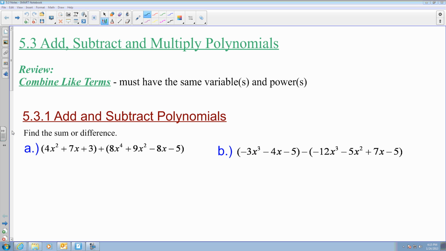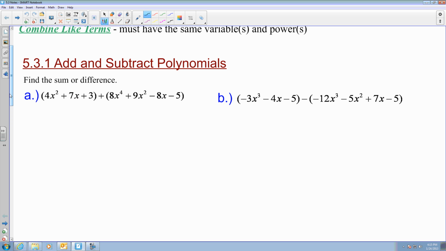So looking at example A here, this is 4x squared plus 7x plus 3 plus, in the other parentheses, 8x to the fourth plus 9x squared minus 8x minus 5. What I need to do is I want to get them out of those parentheses. So the first portion of the parentheses is fairly easy.